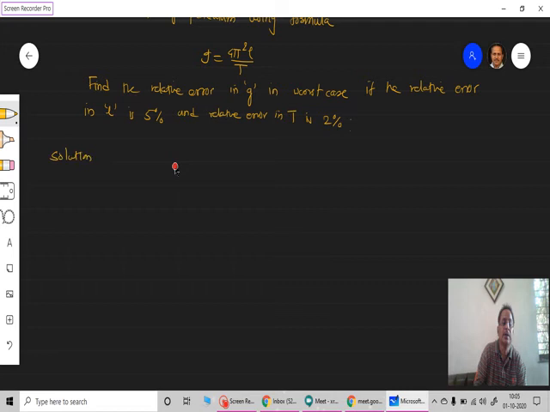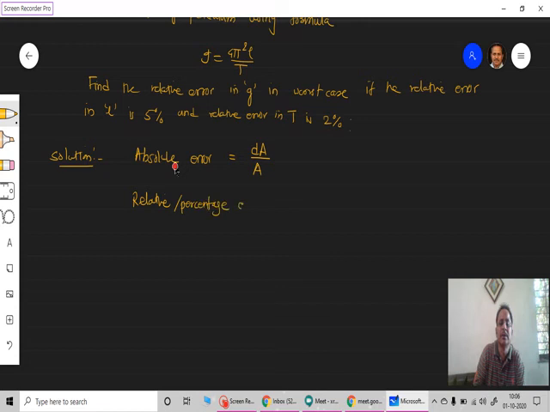Now in earlier discussion we have seen absolute errors, percentage error as well as relative error. You can write here if you want. Absolute error: suppose I am measuring some quantity A, so change in A, that is dA upon A, is called absolute error, and relative or percentage are the same words.